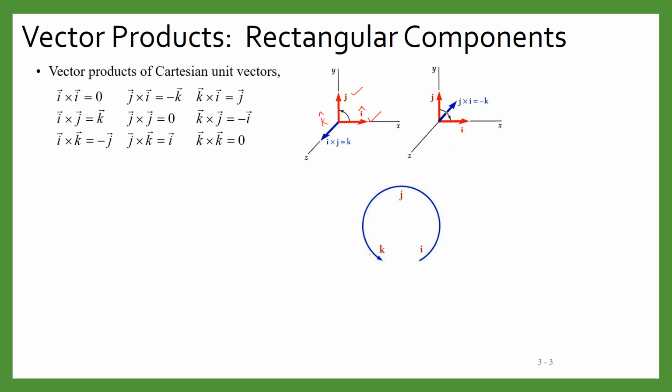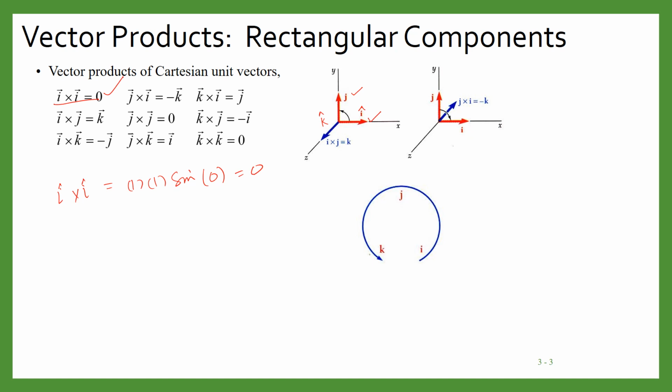So let us see what will happen if we take the vector product of i cross i. In case of i cross i, it means 1 into sine of 0, because the angle between the same vector is 0, so this is 0.